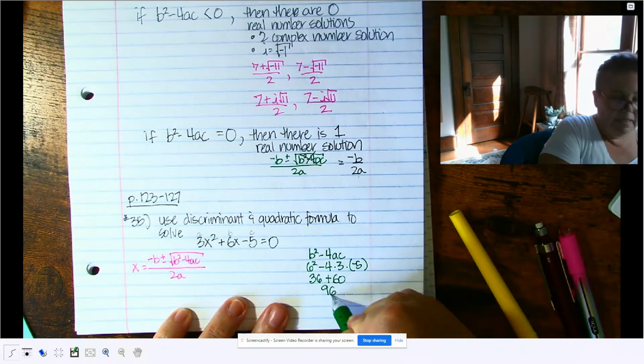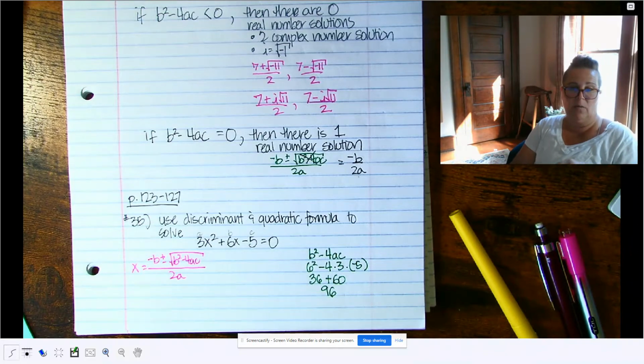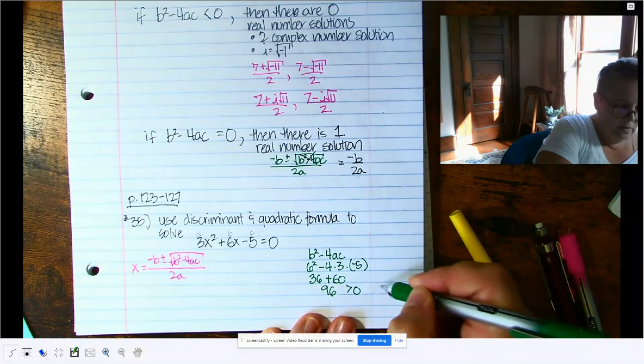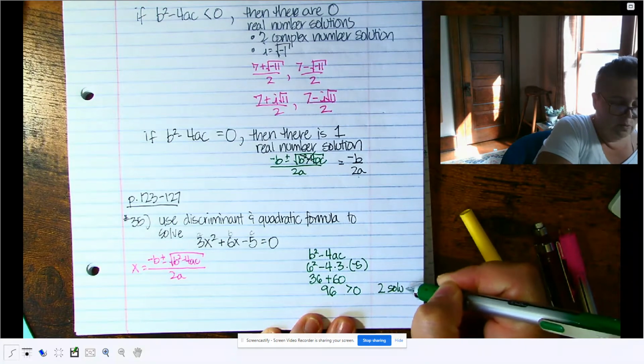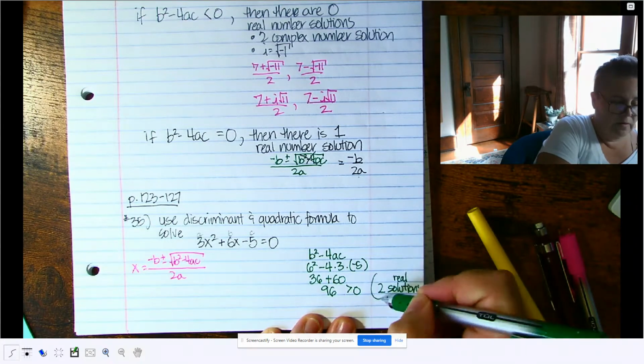So this will be 96. This is a positive number. It is not zeroing out, so I should have two real solutions.